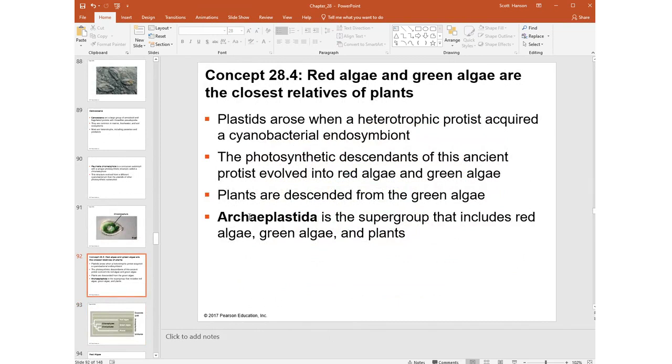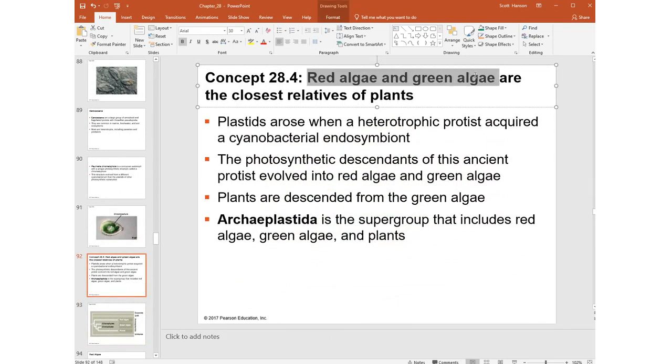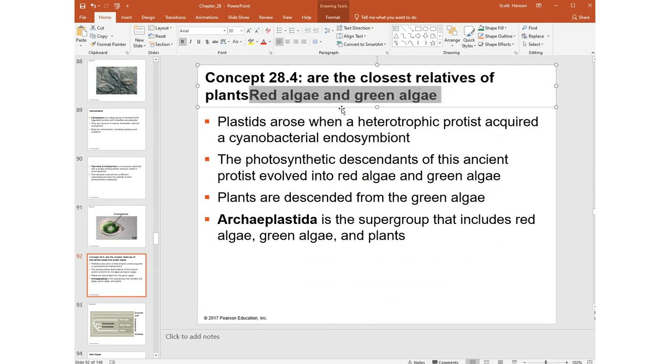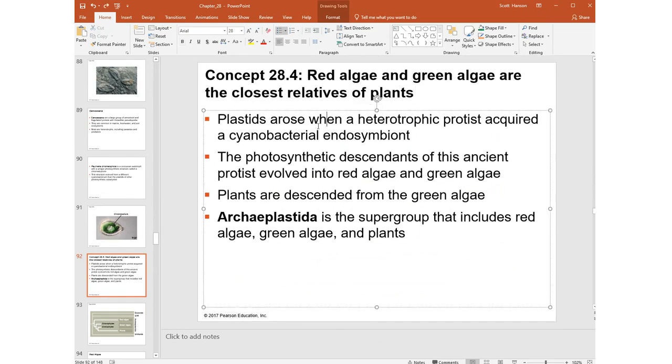And now red algae and green algae, the closest relatives of plants. And so plastids arose from cyanobacterial endosymbionts, and they may have evolved then into red and green algae.